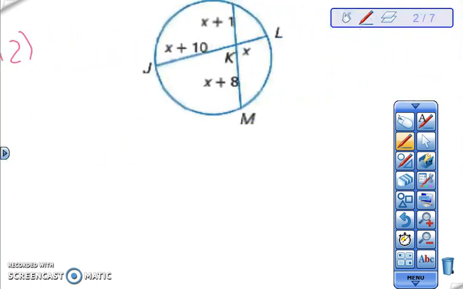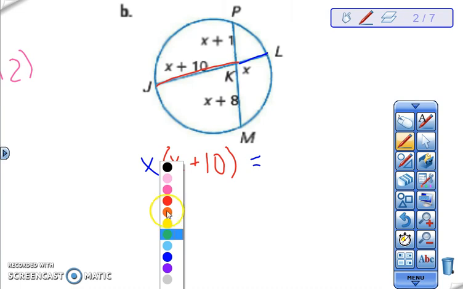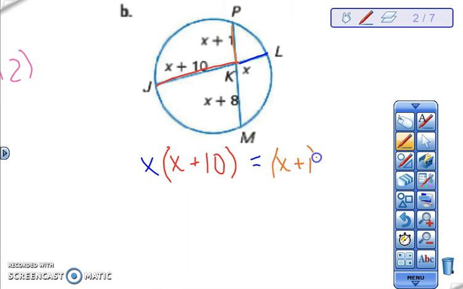Part B, we're going to do the same thing, only our equation is going to be a little bit more complicated. So we have x times x plus 10 is equal to x plus 1 times x plus 8.